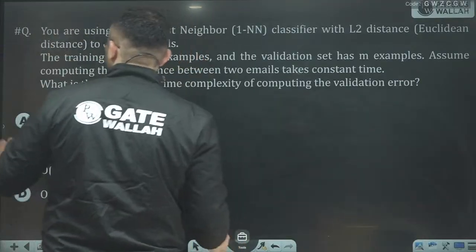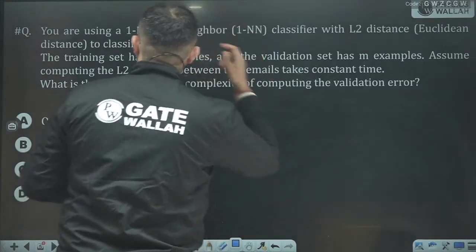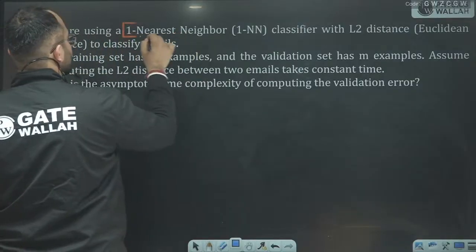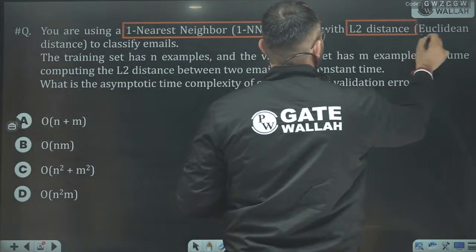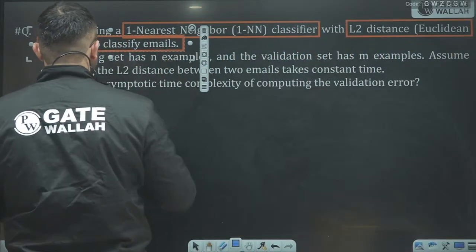Okay, so we have this question. This is question number 1. You are doing one nearest neighbor classifier with L2 distance. L2 distance means Euclidean distance, to classify emails.